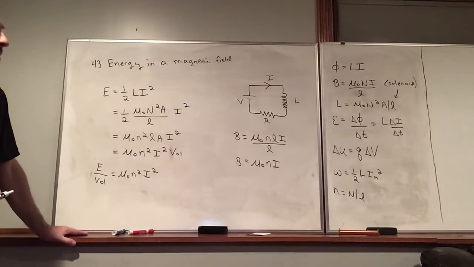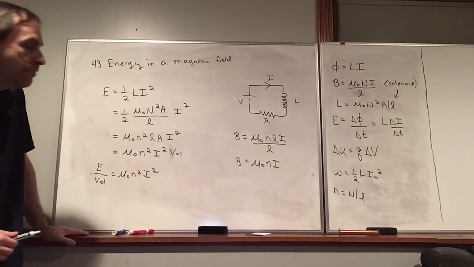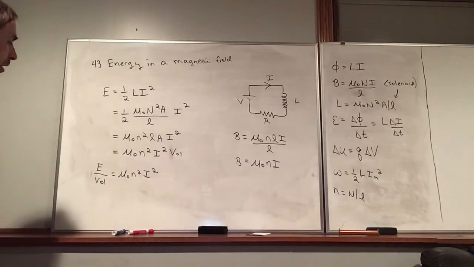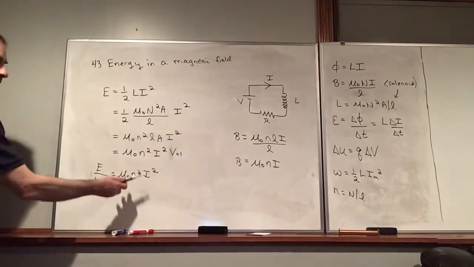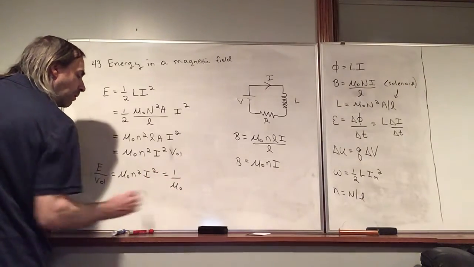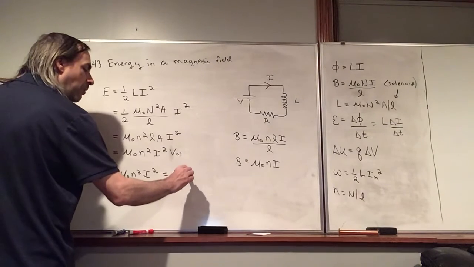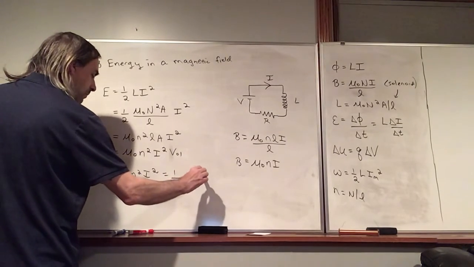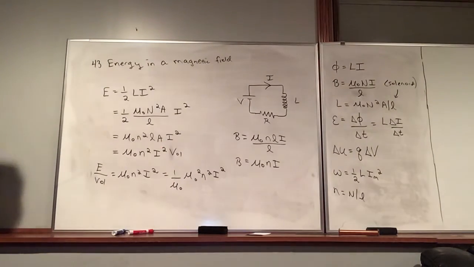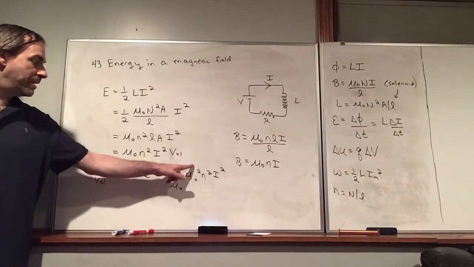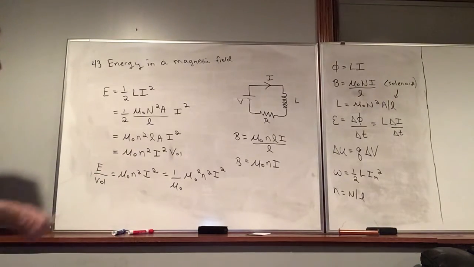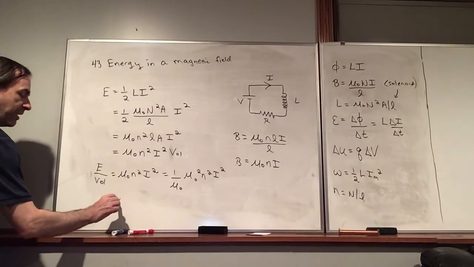So the magnetic field is just that constant mu naught times the turns density times the current. And so we kind of have that here. Let's write it this way. So what we did is, mu naught squared divided by mu naught is mu naught, and then the rest of it is there. So what we have is the energy density.